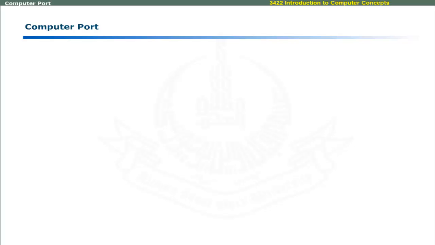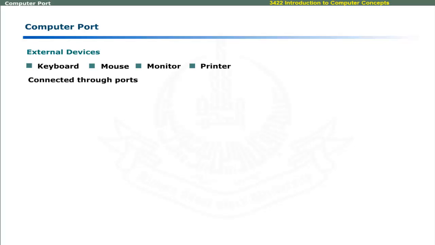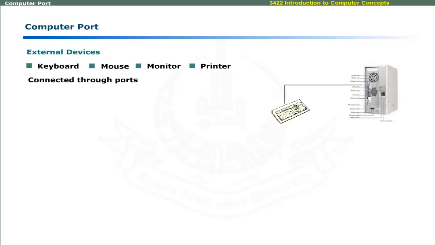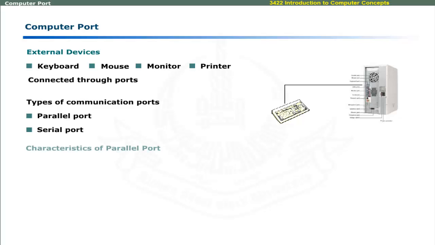Dear learners, external devices including keyboard, mouse, monitor and printer are connected to the computer by using different ports. There are two types of communication ports, that are parallel port and serial port. Parallel port allows parallel transmission of data.